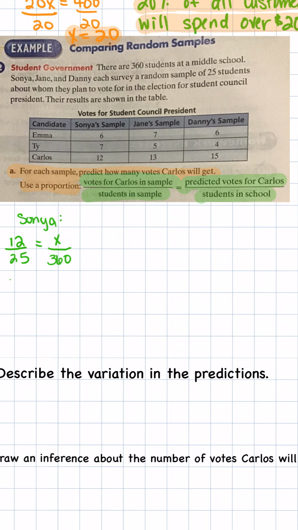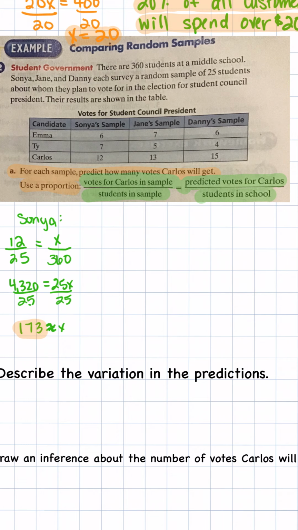And that equals 4,320 equals 25x divided by 25. So that equals about 173 votes. And these are my wiggly equals that weren't very good. Oops.